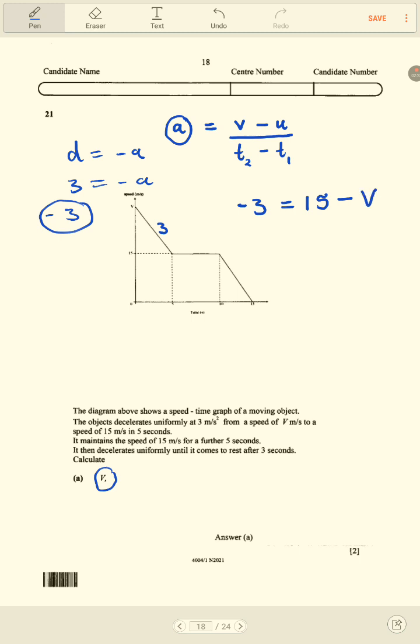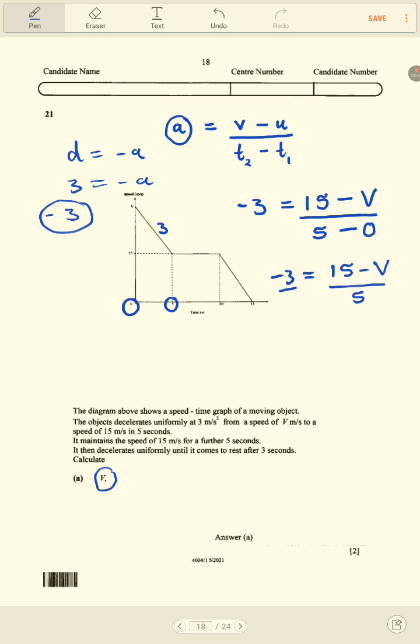So we say v, and then t2 is the time when the speed was 15, which is this time here, that's 5. We say 5 minus, and the initial is this one when the object started to decelerate, which gives us 0. So we are saying minus 3 is equal to 15 minus v over 5.